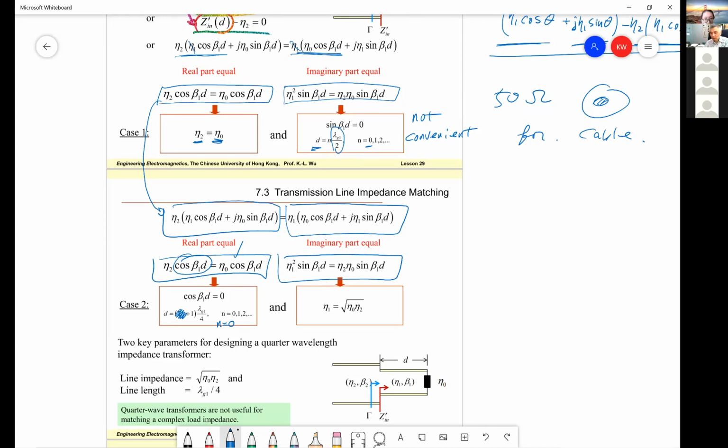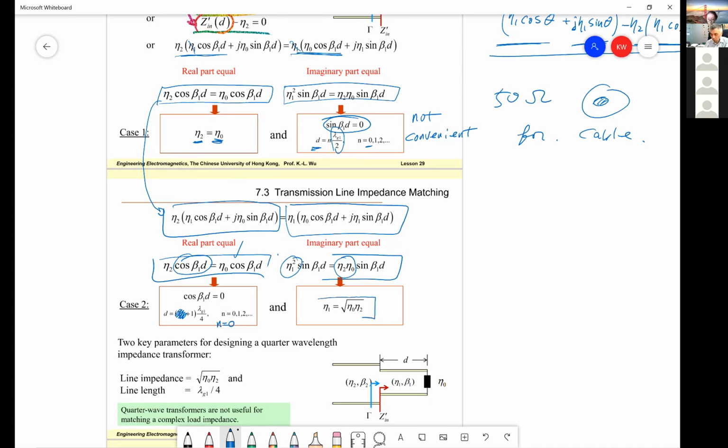For the imaginary part, if this and this are equal, because sine beta 1 d exists on both sides, I didn't eliminate it, because sometimes we need to use it. For example, in case 1 we used this condition, right? But now let's use the second condition, the impedance of the inserted transmission line.